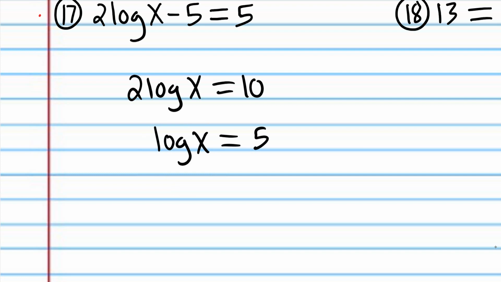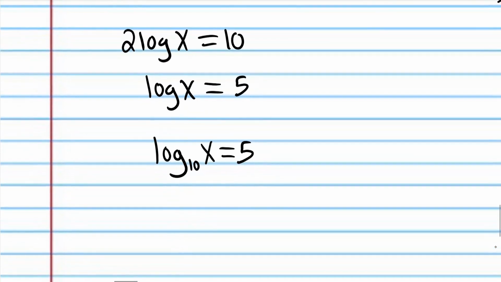First of all, we need to ask, what is the base? Well, that's a big problem because I don't see a base. There is no number here. But remember, when you don't see a number there, that means base 10. That's the whole point of us doing this, is for you to get used to that abbreviated notation. So now we know the base of an exponential expression is 10.